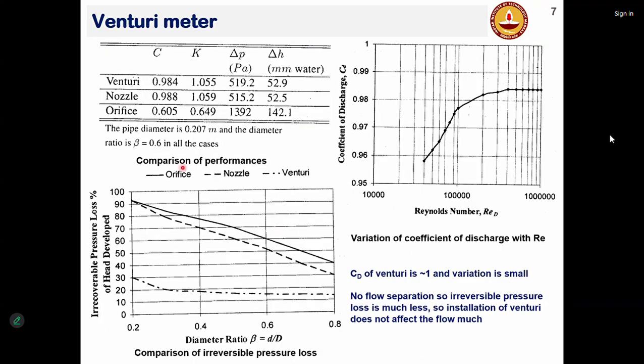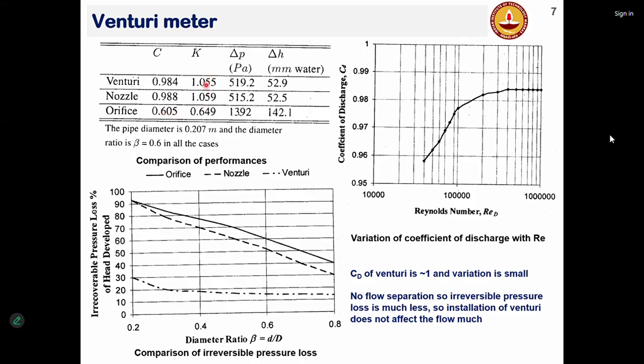So we can see here, we can have a comparison between venturi and orifice meter. And nozzle meter is where you basically have a converging nozzle and then a diverging section, no horizontal section. So this is venturi versus orifice. You can see that because the losses are minimum in case of venturi as compared to orifice, where there is a sudden change, the coefficient of discharge of a venturimeter is closer to 1 as compared to orifice meter, which is very different from 1.